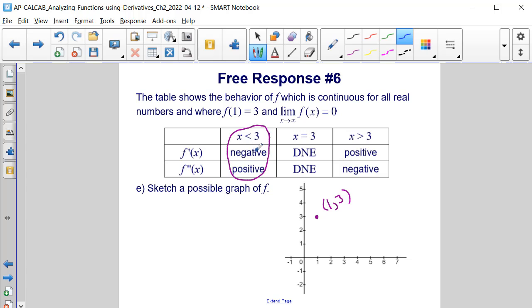F prime of x is negative, meaning that it is decreasing. And f double prime of x, or the second derivative, is positive, meaning that it is concave up. So from 3 and less, we are going to have a decreasing and concave up graph.